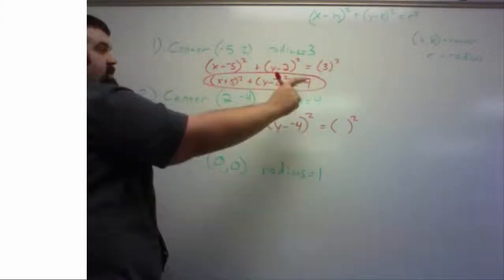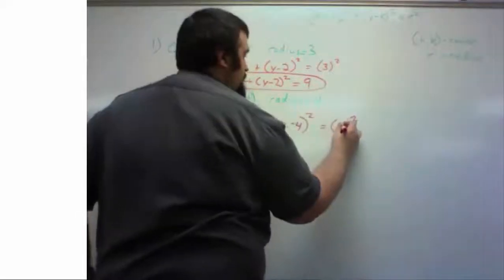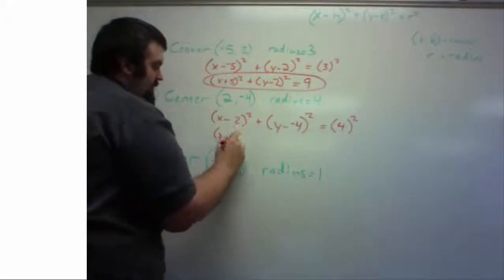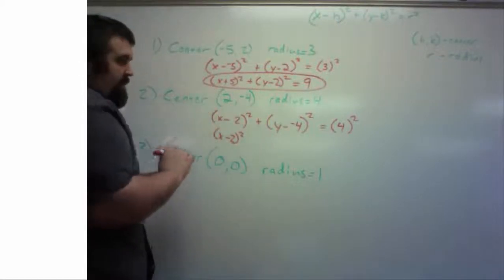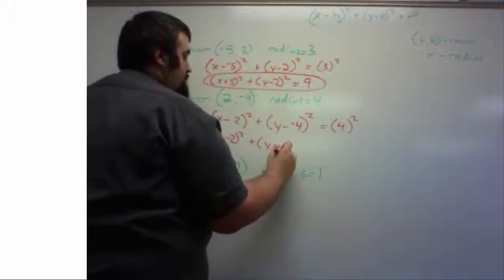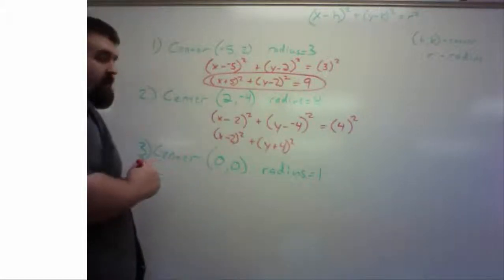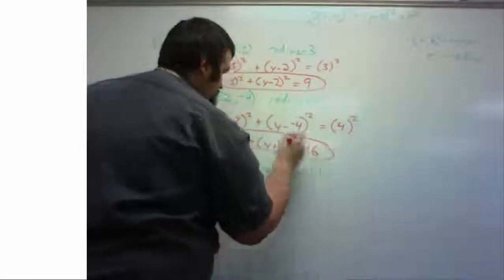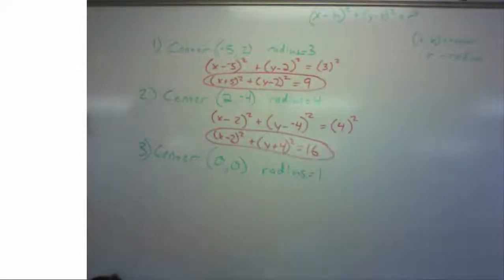R is the radius, so 4 goes in for r. And at this point, again, simplify. Well, x minus 2 is kind of nice the way it is. I'm not going to mess around with that. However, y plus 4 is a better answer there. And 4 squared is 16. Alright, go ahead and try the last one on your own.